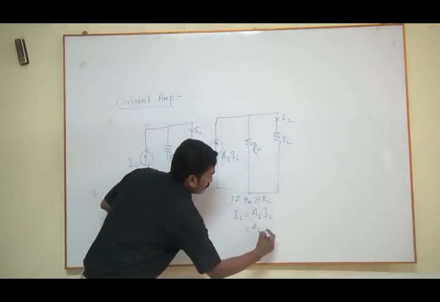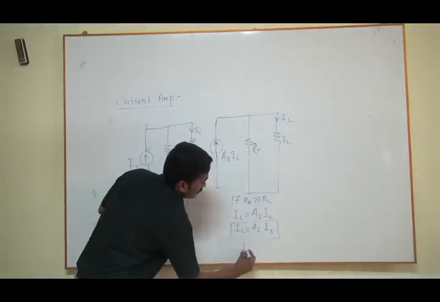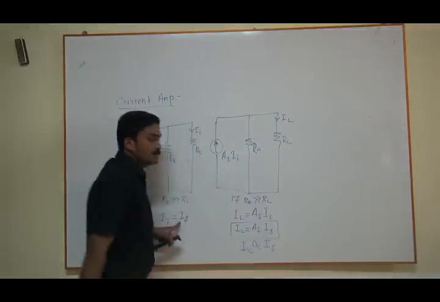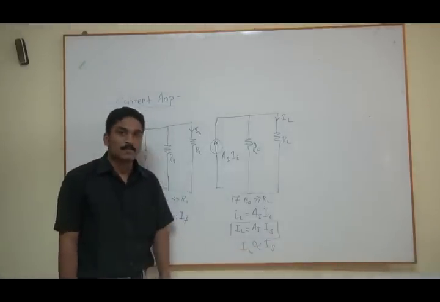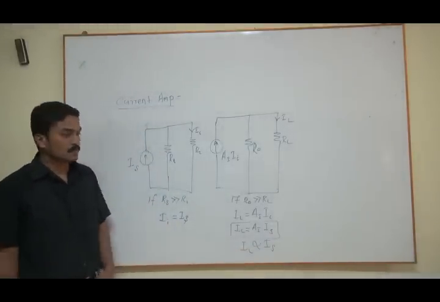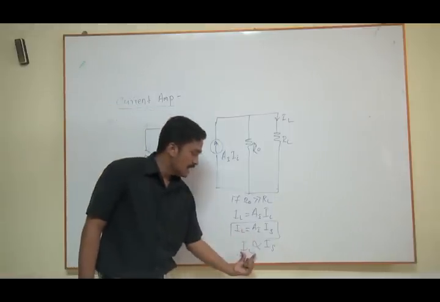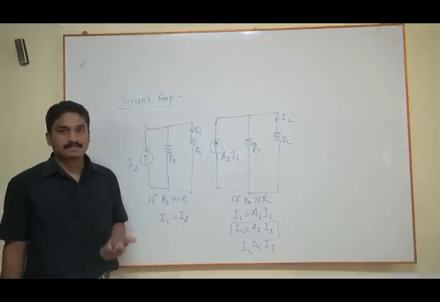So IL equals Ai Is, and here your IL depends on, or is proportional to, your Is value. So this type of circuit is what is called the current amplifier. Your output current IL depends on the input current Is.